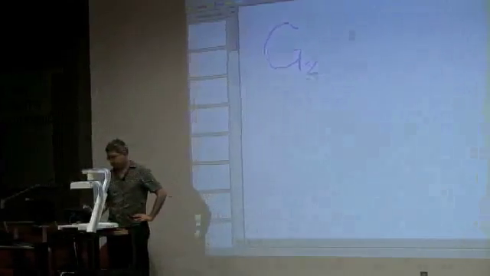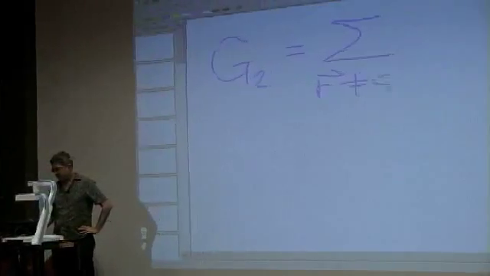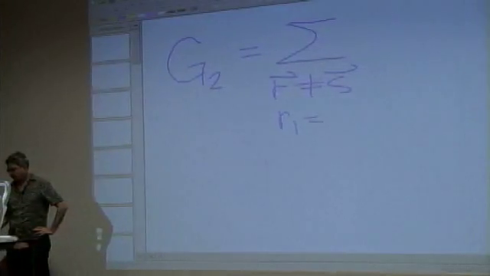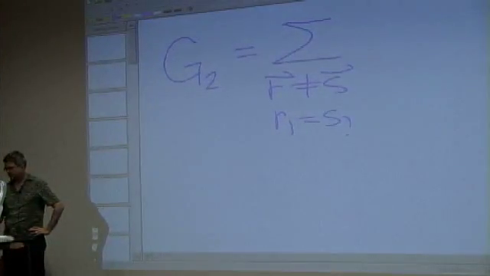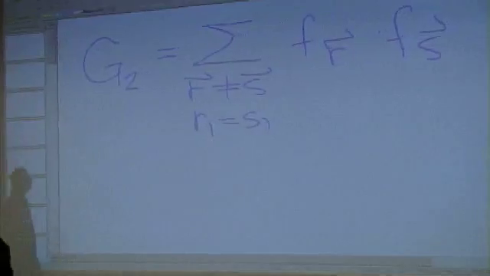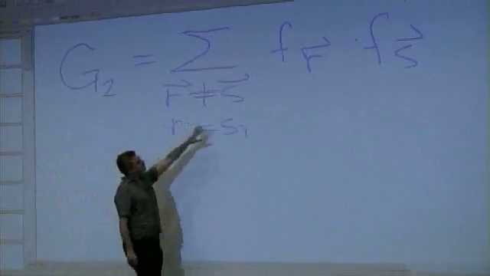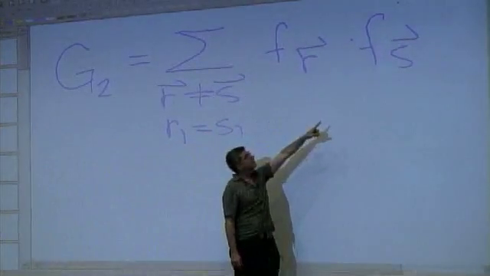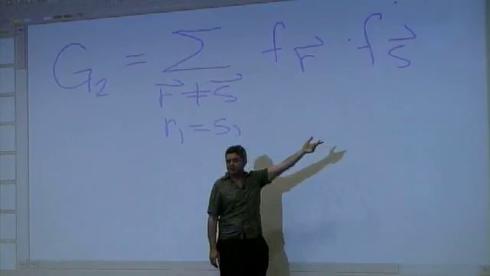So maybe I set G2. So this is the sum over vectors R not equal to S, with R1 equals S1, of F_R times F_S. If R equals S, the product is identically 1.